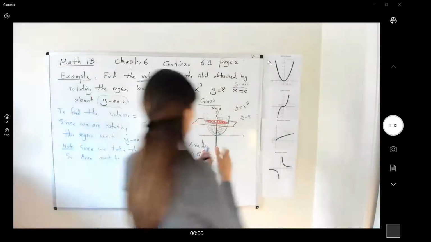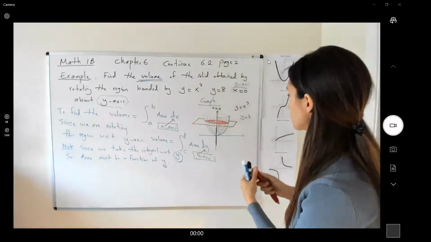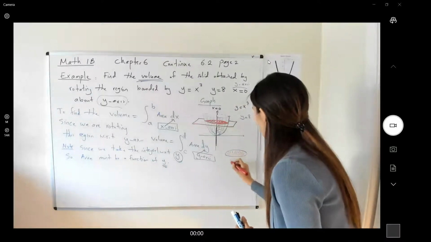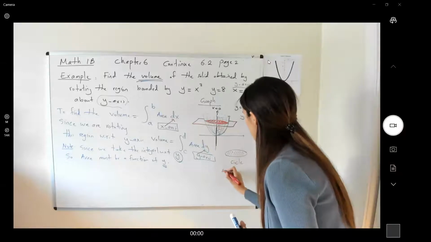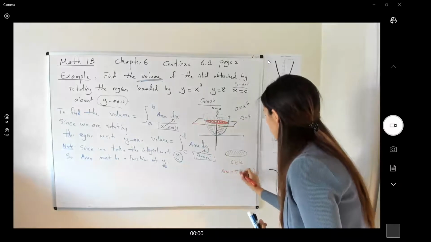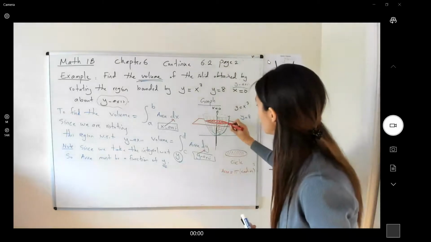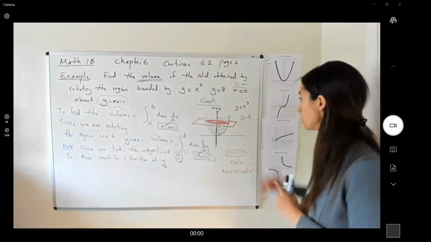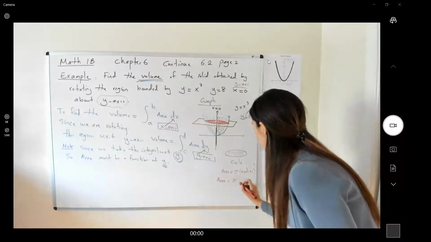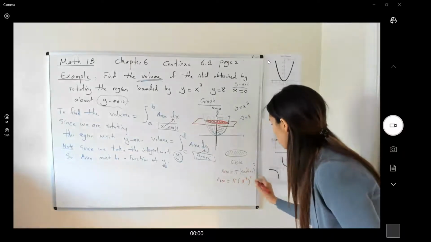Okay, let's begin. Here you have your circle, the area of this little circle. The area of a circle is pi radius squared. The radius depends on y equals x cubed. So the area is equal to pi times the radius, x cubed, squared.